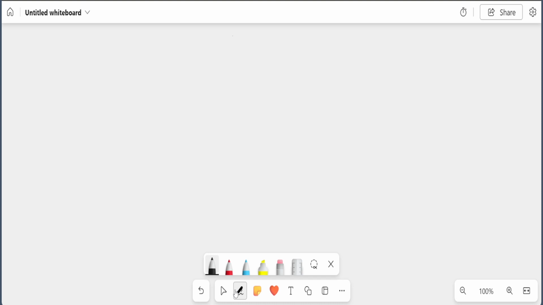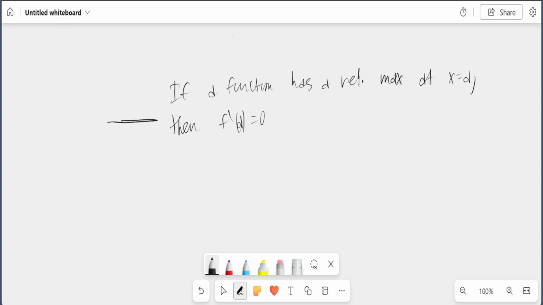So, always, sometimes, never: if a function has a relative maximum at x equals a, then f prime of a is equal to 0. Is that always, sometimes, or never?